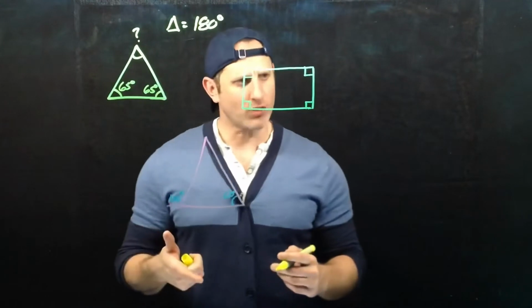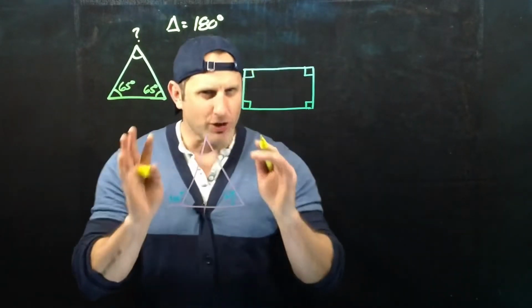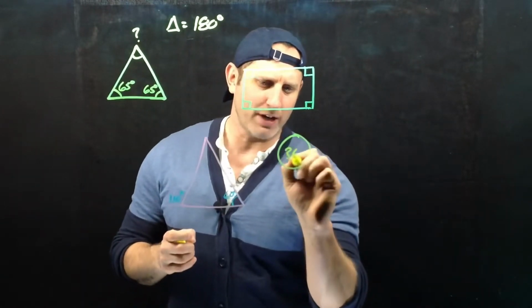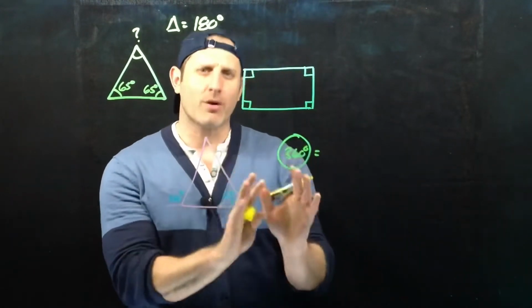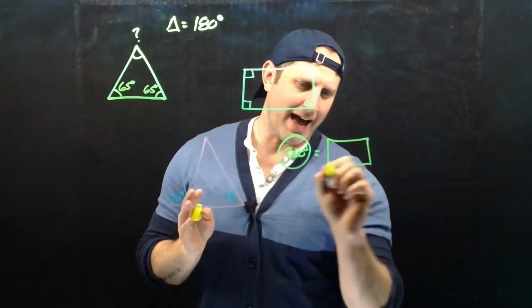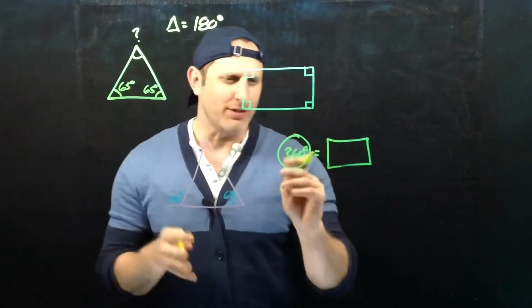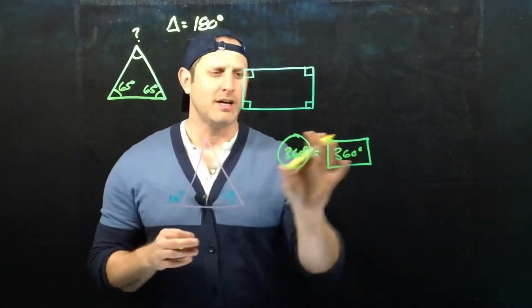We know that a circle has 360 degrees around. So if we follow that logic, and we cut it up into very small pieces and form a rectangle out of it, we can conclude that a rectangle also has 360 degrees inside of it.